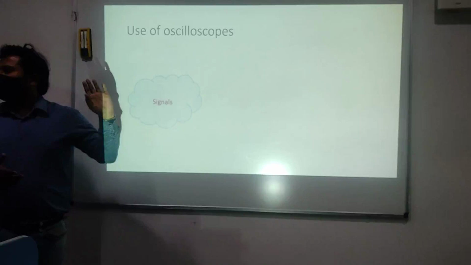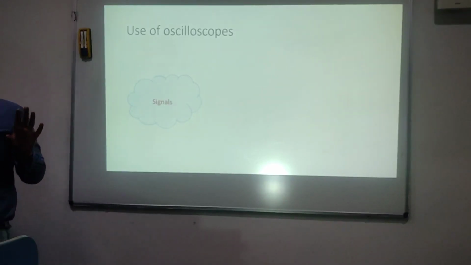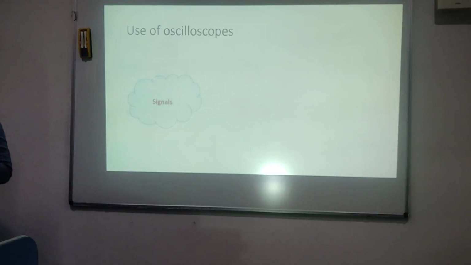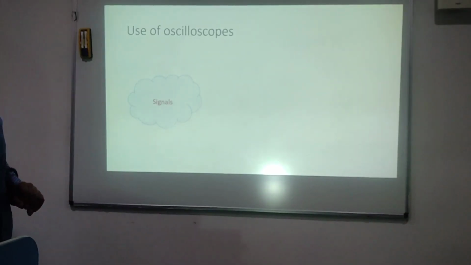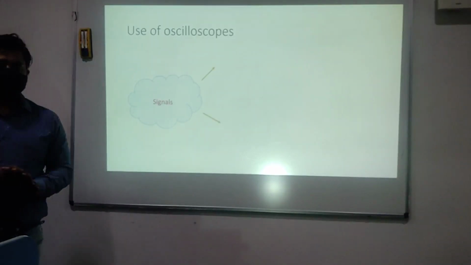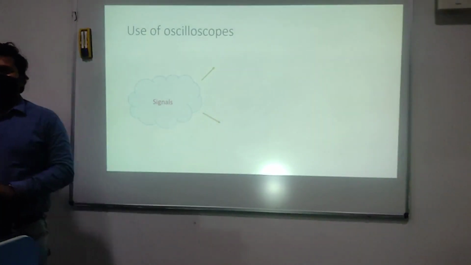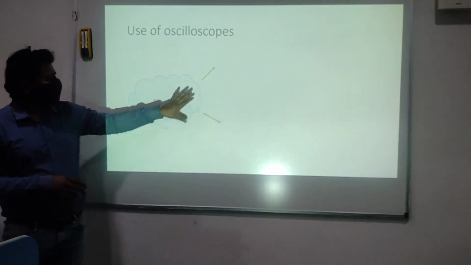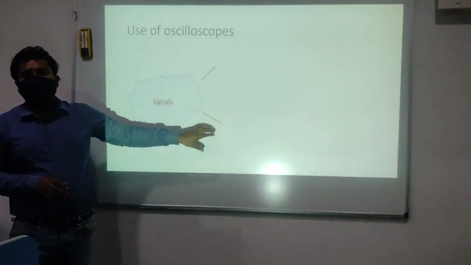How many kinds of signals have we seen majorly? We all know, right? The types of signal are digital and analog. Correct. So there are multiple kinds of signals, basically analog and digital.